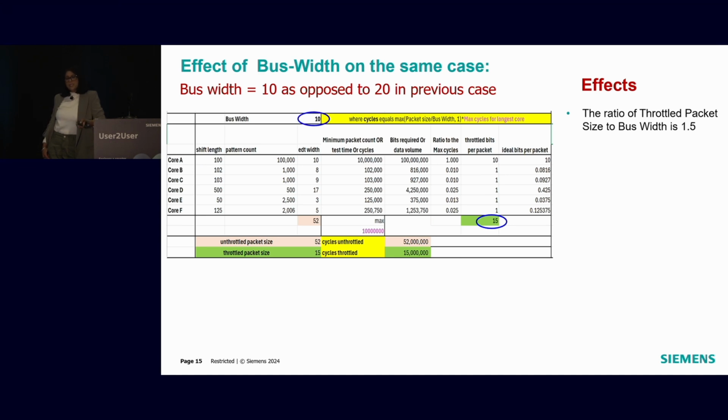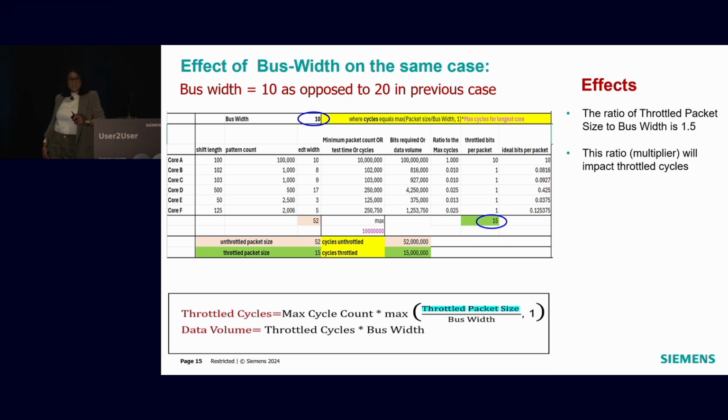Your bus width is 10, packet size is 15, so 15 by 10, the ratio is 1.5. The multiplier will impact the total number of throttled cycles. Remember this formula where we talked about this ratio? The ratio is going to impact my number of throttled cycles.